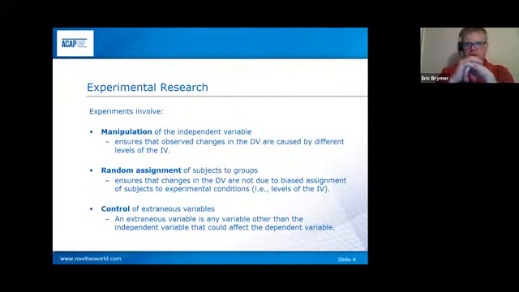To do this, there are a few things to think about. One is that we are going to be manipulating what we call the independent variable, which I'm sure you're all fully comfortable with now, having been through the lectures and the tutorials, so that we can measure the changes in the dependent variable.